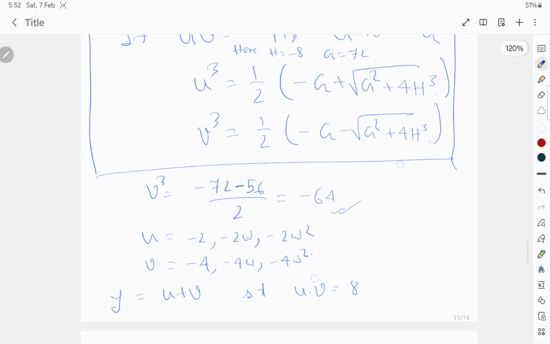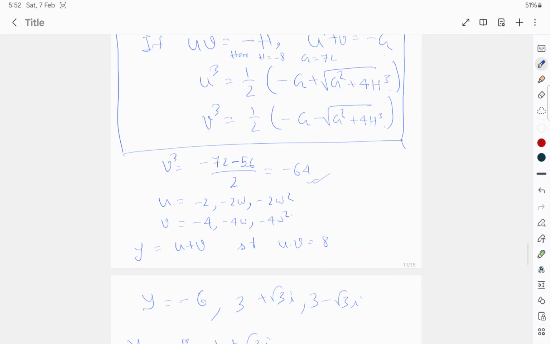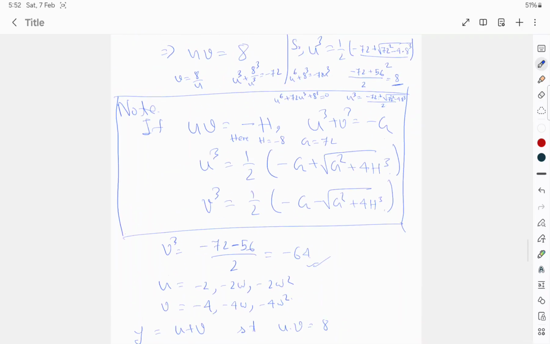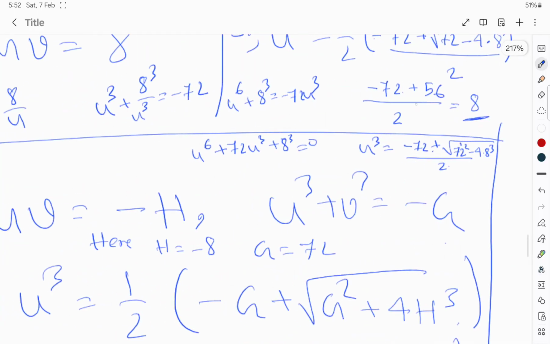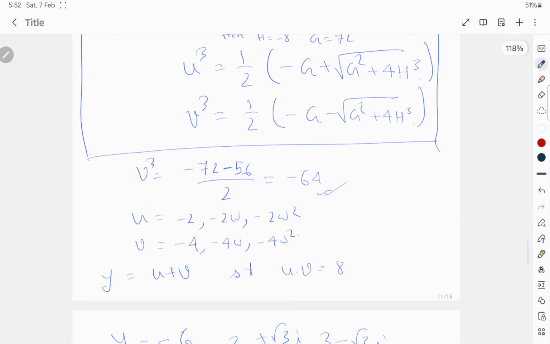So if your u^3 is 8 and v^3 is minus 64, sorry, this is not plus 8, it is minus 8, right? So that's what I'm saying. Whenever you know, if your x^3 is equal to a^3 type of thing, then your x is actually a, a omega and a omega square. So in this way you have to think.